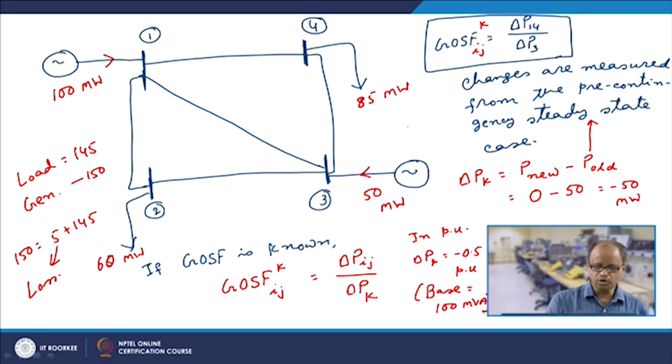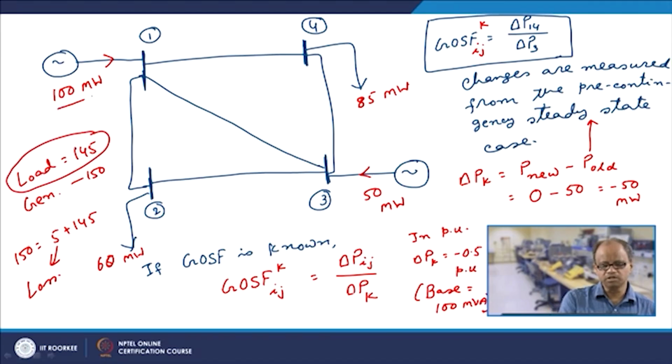So, in this case what will happen? I have got total load still 145, but now my generation is only 100 megawatts. So, obviously this generator won't be able to supply all the loads. As a result, voltage will automatically come down. Whatever we do, we will not be able to operate the system in the secure zone.